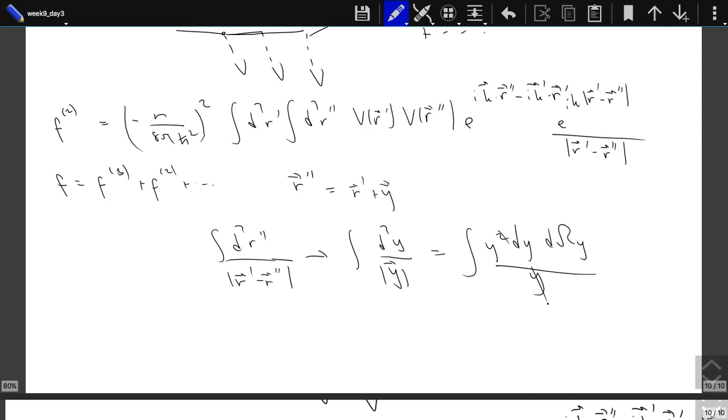So there is no divergence. Although it looks like there is a divergence, there is none really. And since you cannot really measure exactly at a given point, you will never see that problem.